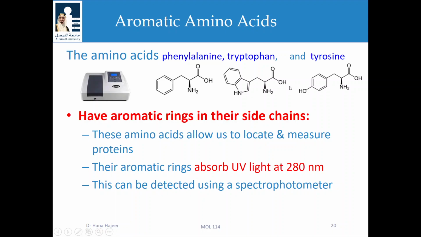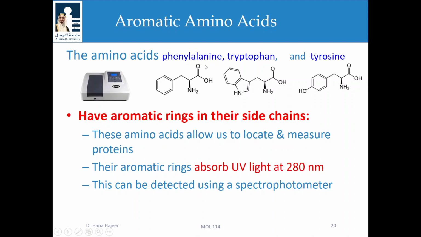Why do we need to know about them and their bulky benzene ring? All amino acids help in protein synthesis. No, they help us to quantify. If you want to measure the concentration of a protein, you can measure it with the help of this device called a spectrophotometer. Why?